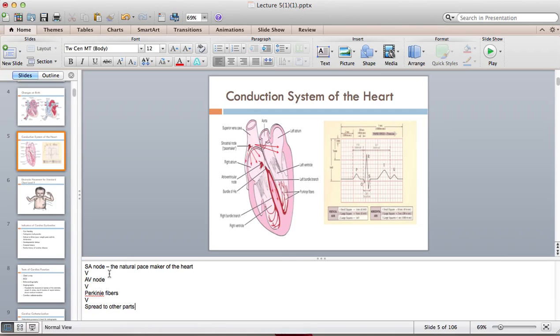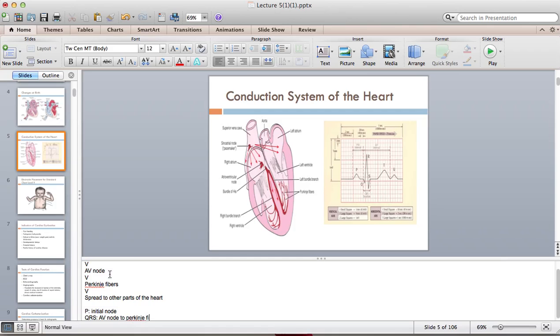And this movement of the electrical impulses is what you will see on that EKG strip. The P wave will be that initial atrial node. The QRS complex will be that transfer from the AV node to the Purkinje fibers, and then your T wave will be that resting phase.